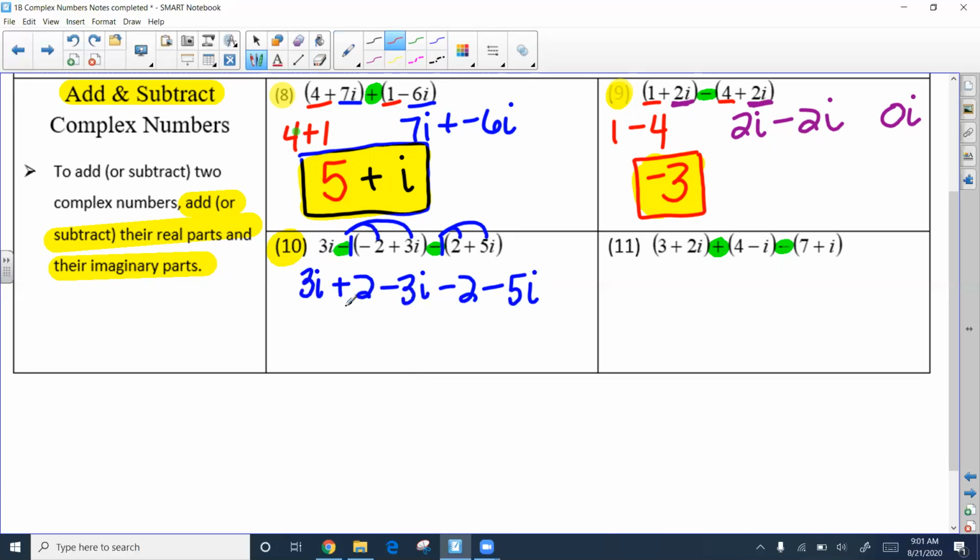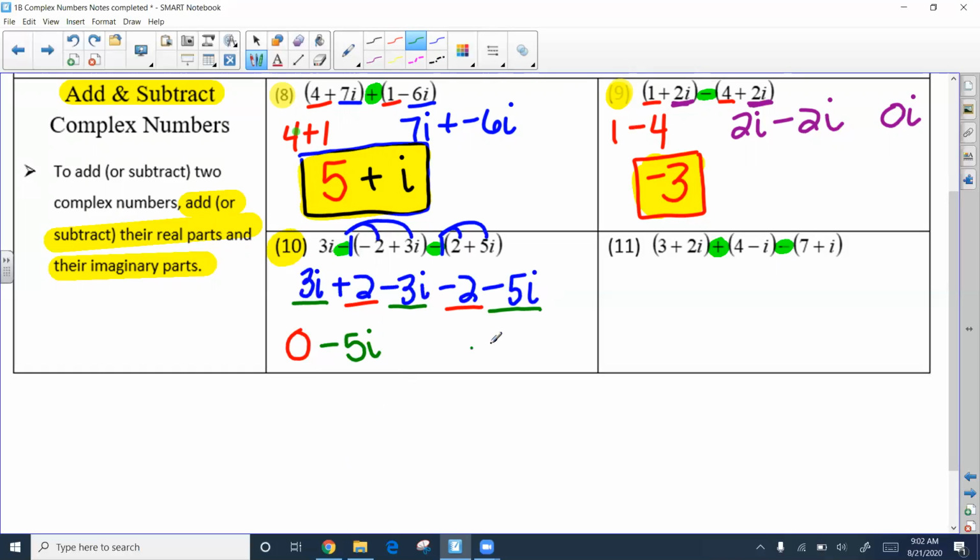In this case, the real parts are +2 and −2, so the real part adds up to 0. And then for the imaginary part, I have 3i, −3i, and −5i. So +3i and −3i adds up to 0, plus −5i would be −5i. If you wrote it with the real part, we'd have 0 − 5i, but we don't really have to write the 0.